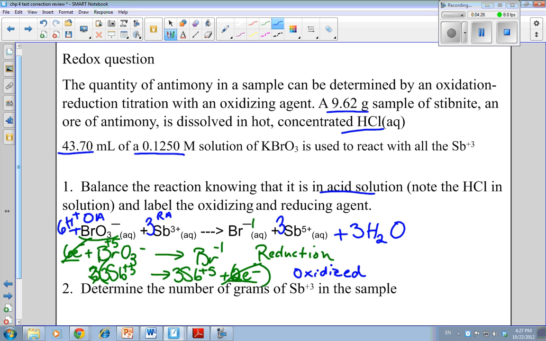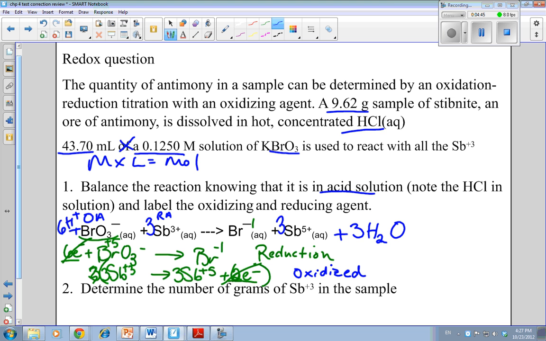For every 1 mole of KBrO3, I have 1 mole of BrO3 minus. The first thing I'm going to do is convert this. Molarity times liters is equal to moles.